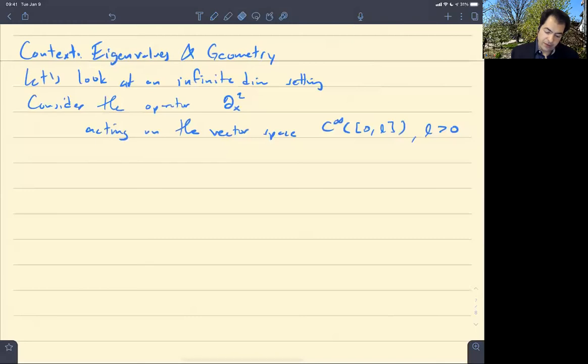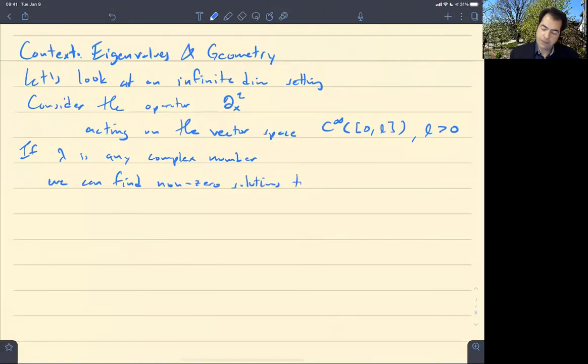On this vector space, if lambda is any complex number whatsoever, we can find non-zero solutions to dx squared phi equal to lambda phi with phi in this space. Phi is a smooth function, right? Indeed, let's say I write lambda as (alpha plus i beta) squared.